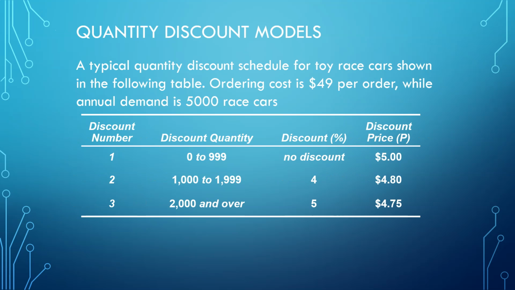Let's look at the following example. A typical quantity discount schedule for toy race cars is shown in the table in this slide. Ordering cost is $49 per order, while annual demand is 5,000 race cars per year.